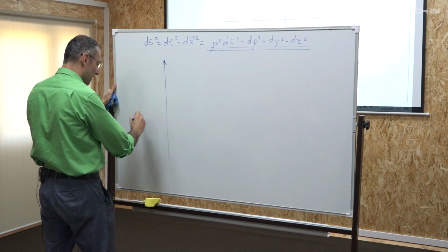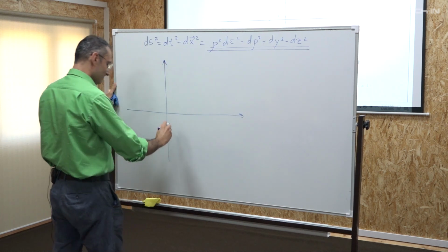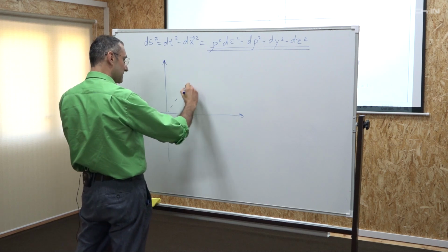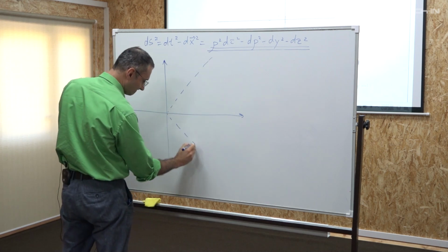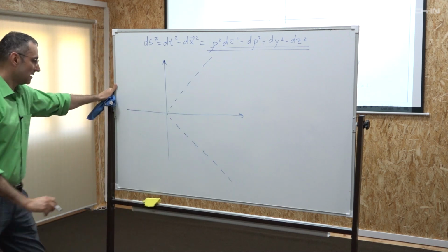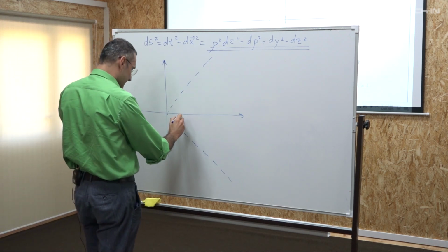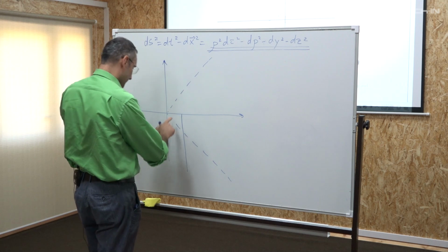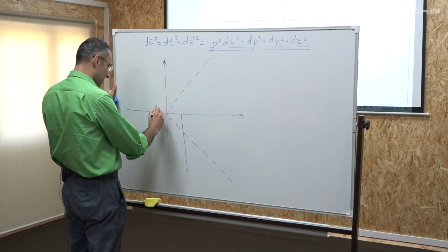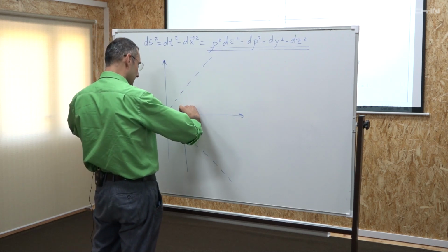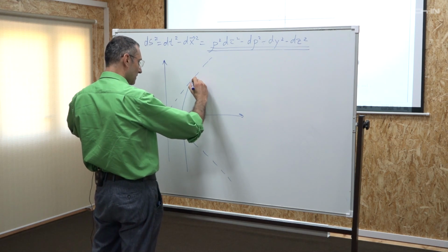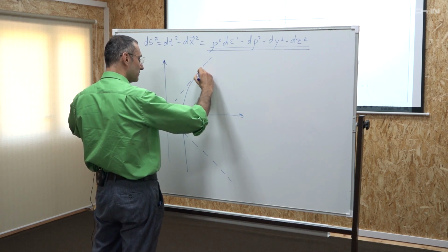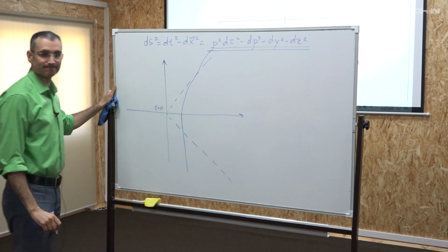I want to stress one point. So these are asymptotes of the hyperbola. So suppose you were static until some moment t equals 0. Then you accelerated for a while, and then you continued your motion with constant velocity.